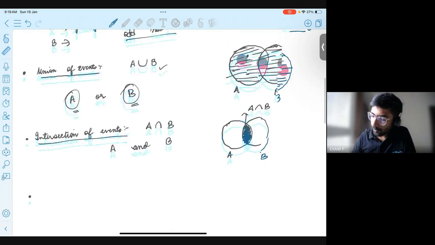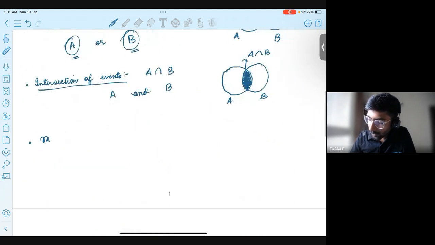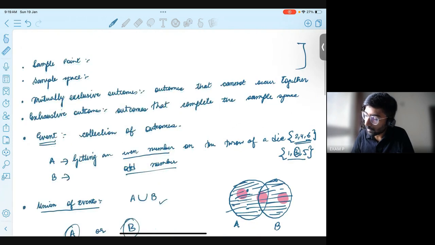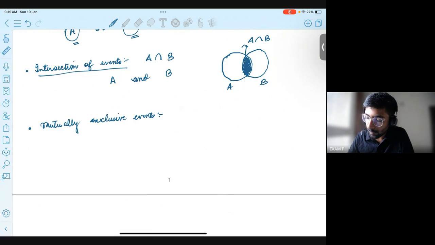So now, if you go back and again come to mutually exclusive events. Earlier we studied mutually exclusive outcomes, which was basically outcomes that cannot occur together. Now mutually exclusive events are also events that cannot occur together.